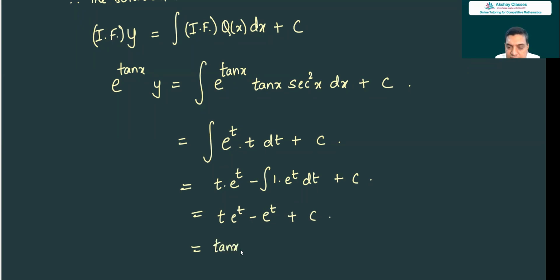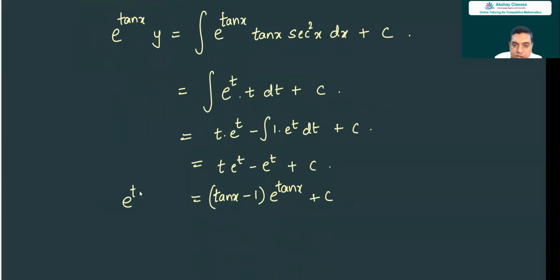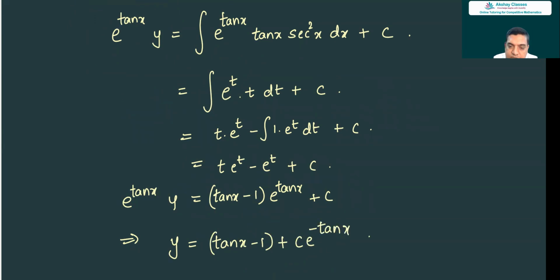So (t − 1) times e^t, that is (tan x − 1) e^(tan x) + c. So this implies y is (tan x − 1) plus c times e^(−tan x). So this is the solution.